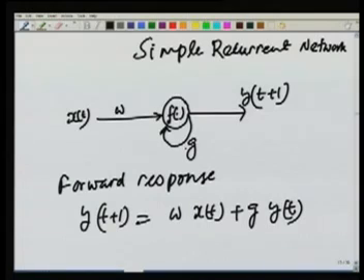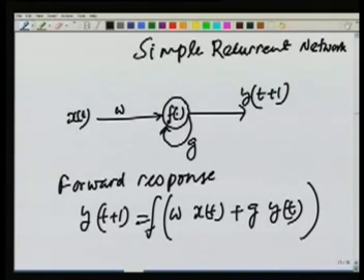When I don't put anything on this connection, it means that there is a delay of 1 unit. So the y at the t plus 1 sampling instant is a function of the summation of all the inputs, w into x t plus g into y t.